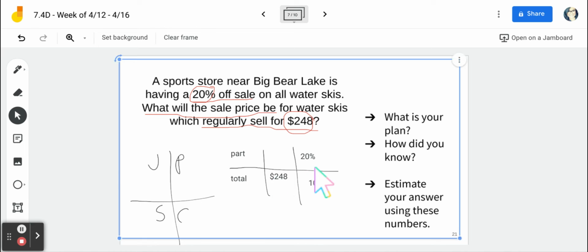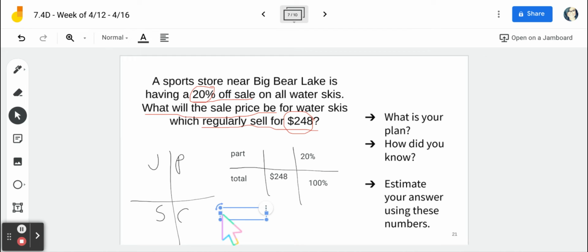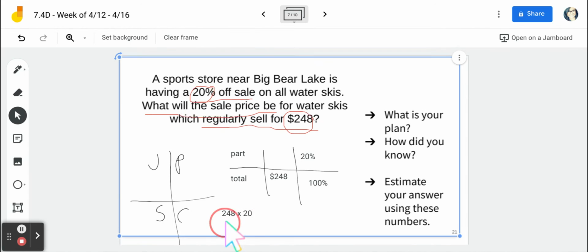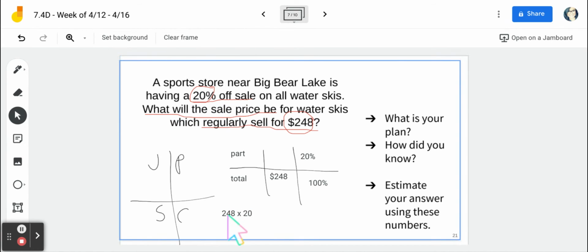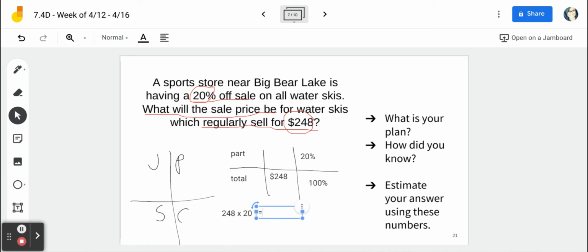So right here, I'm going to cross multiply 248 times 20. One strategy that I use with my kids is multiplying numbers in parts, using the place values to multiply. 200 times 20 would be 4,000. 40 times 20 would be 800.